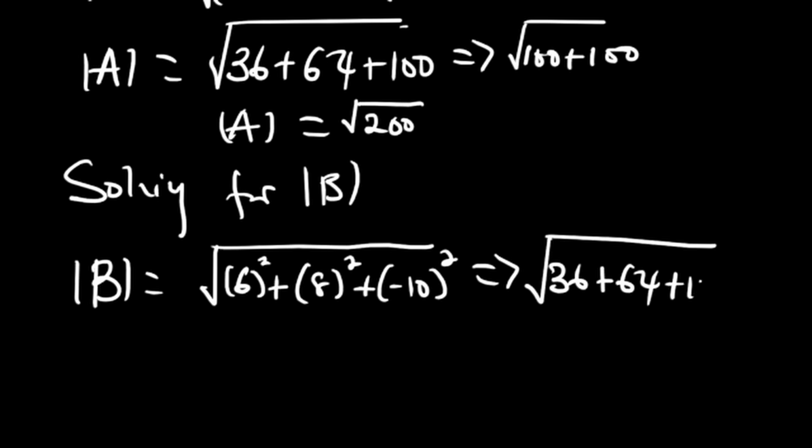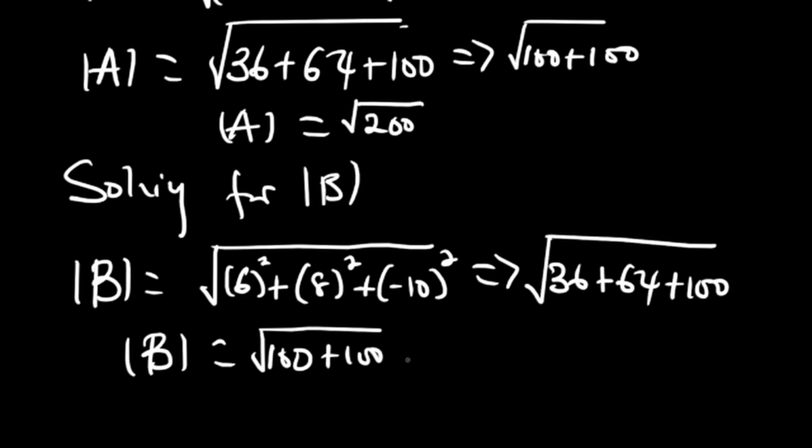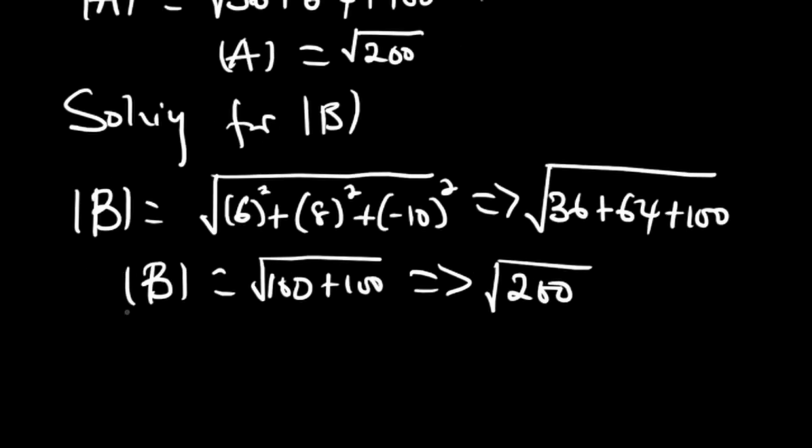So we say plus 100, and then the magnitude of our vector B is equal to 36 plus 64, which is 100, and then plus 100. This means that the magnitude of vector B is equal to the square root of 200.